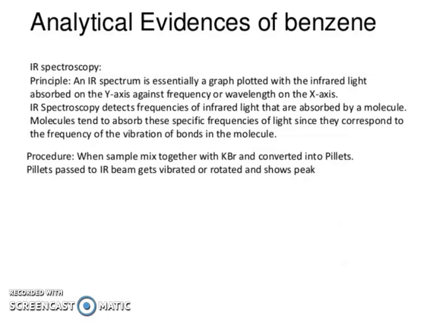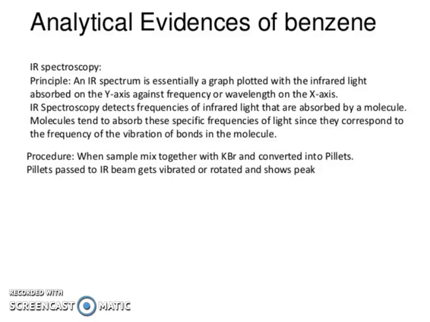So IR spectroscopy, you know the principle. An IR spectrum is essentially a graph plotted with the infrared light absorbed on the y-axis against the frequency or wavelength on the x-axis. IR spectroscopy detects frequencies of infrared light that are absorbed by a molecule.